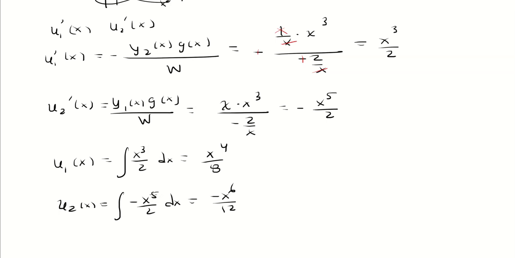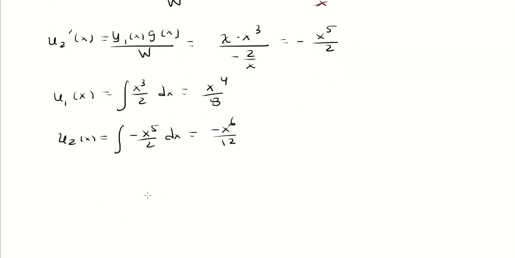Therefore, the particular solution, y sub p, recall was u sub 1 of x, which we just said is x to the 4th over 8, and then we're going to multiply that by x, plus u sub 2 of x, which we said is negative x to the 6th over 12, times 1 over x.